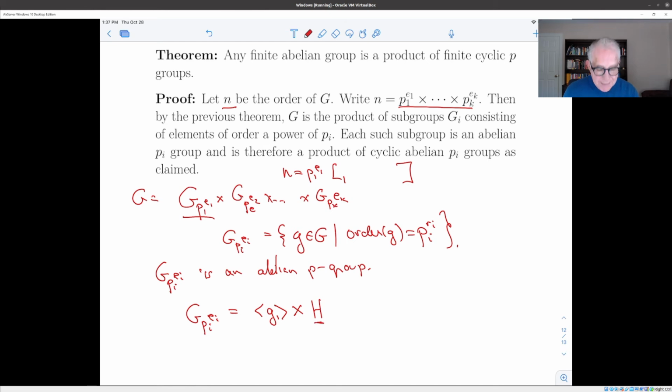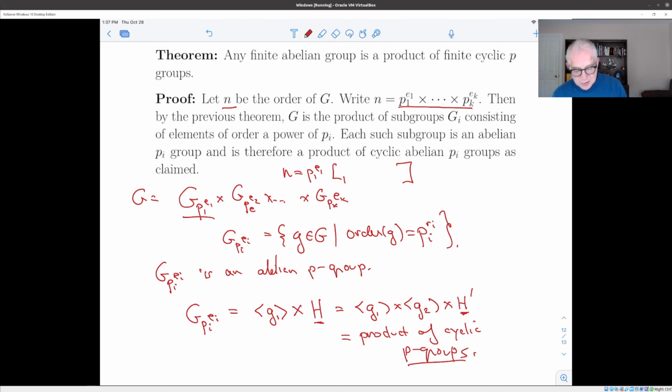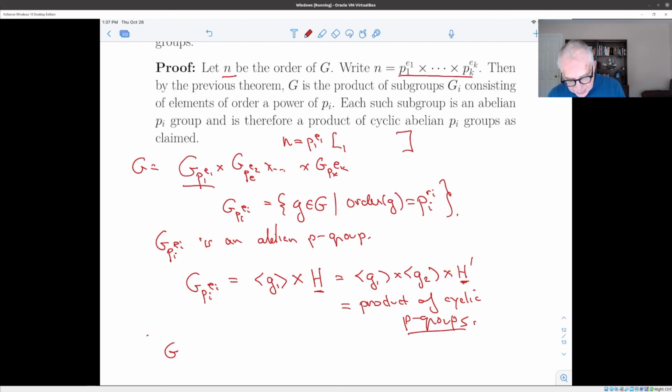But then this is still an abelian p group, so we can do this again. And we can keep doing this, and the order goes down until eventually it disappears. So we get that G_{pi} is a product of cyclic p groups. And so if you put all this together, you've shown that your finite abelian group G is a product of cyclic p groups.